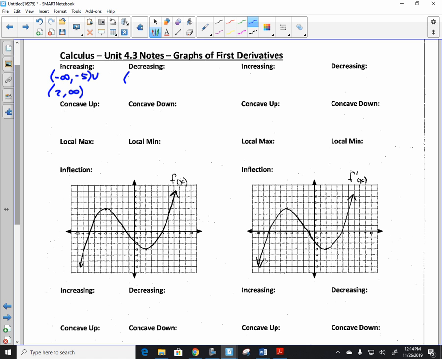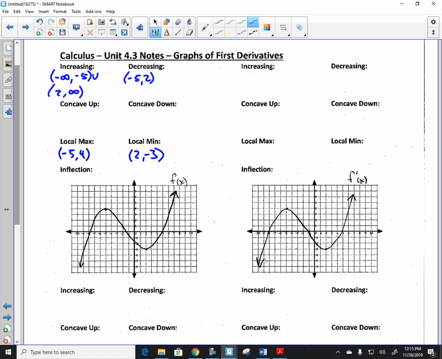Decreasing, -5 to 2. Local max. -5, 4. Local min. To -3.